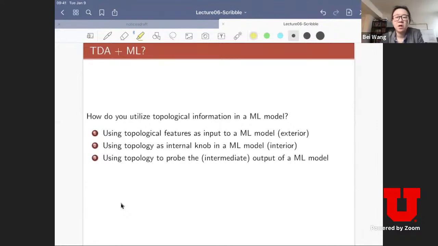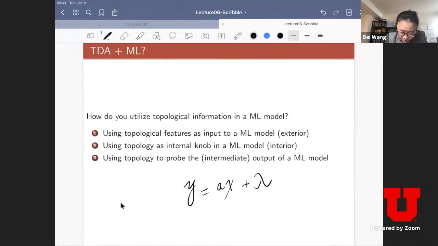So for example, if I use regression as an example, in classic regression, you always have, let's say Y, some sort of model for the data.